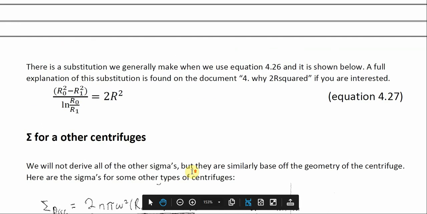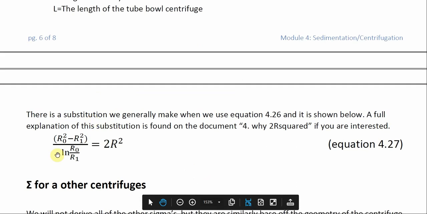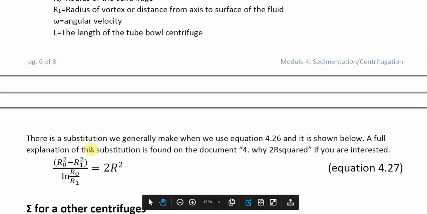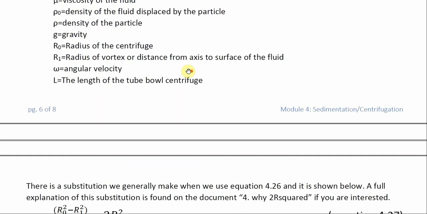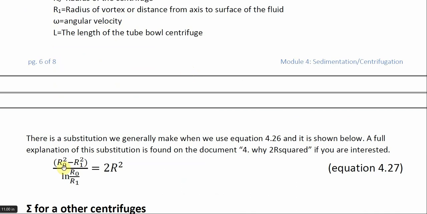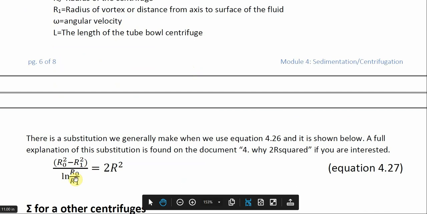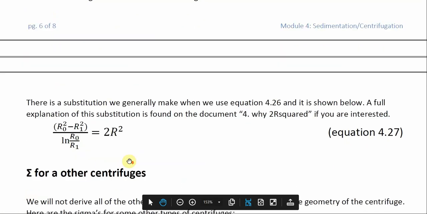One note is that we generally make this substitution, which makes our equation 426 much more simple. And that is that r naught squared minus r1 squared, divided by the ln of r naught divided by r1, equals 2r squared, where r is simply the radius of the centrifuge.